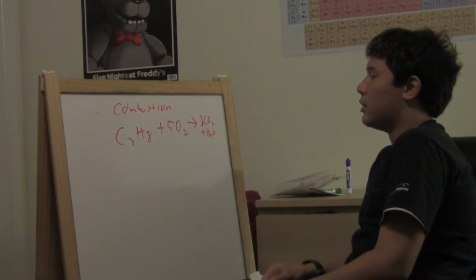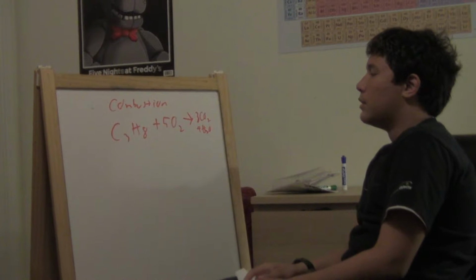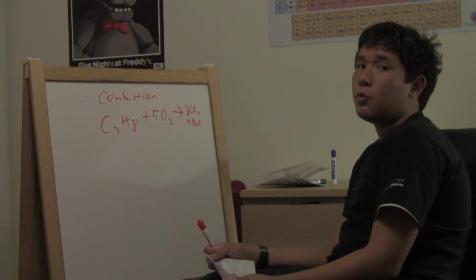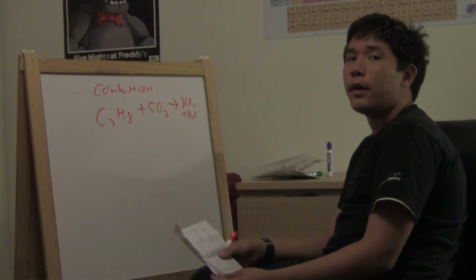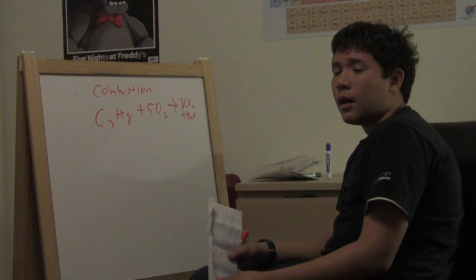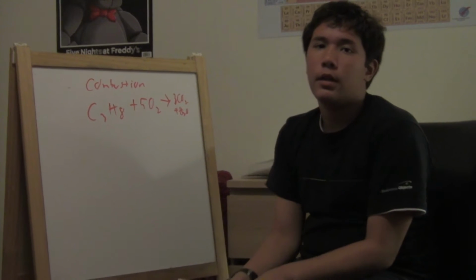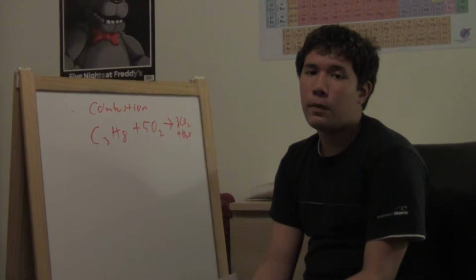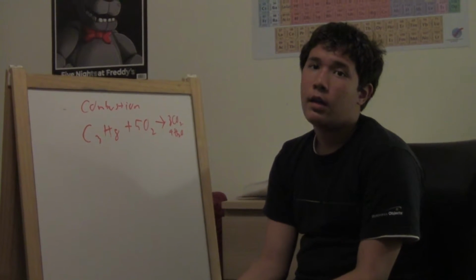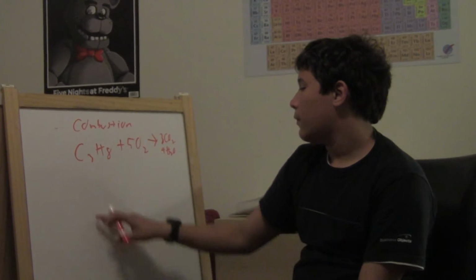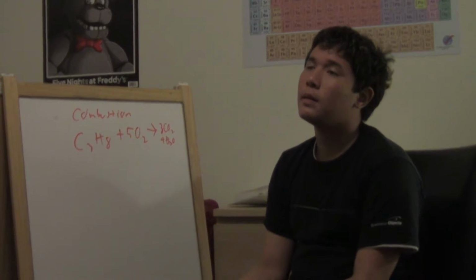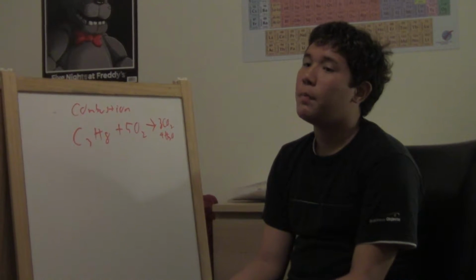So here you've got yourself a combustion reaction. Whatever comes out, it's always both carbon dioxide and water, not one or the other. And that's what most people get confused with. Like if something just produces water, it's like, oh, it's a combustion reaction. Guess what? No, it has to be both.